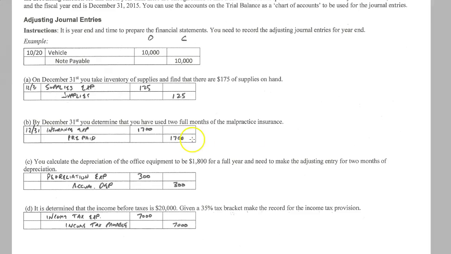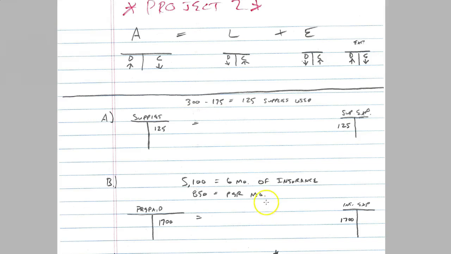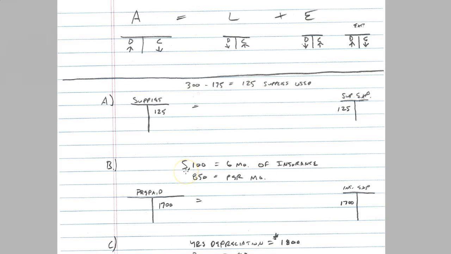Okay, so if you remember our malpractice insurance, originally on Project 1 was $5,100. And if you go back and read it, it was for 6 months of insurance. So right there, $5,100 for 6 months of insurance. Again, just divide by 6. I know I've got $850 per month.